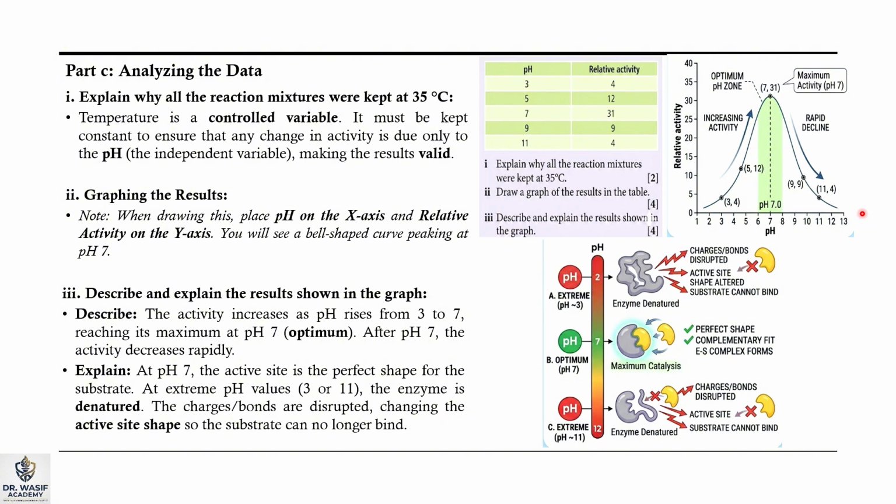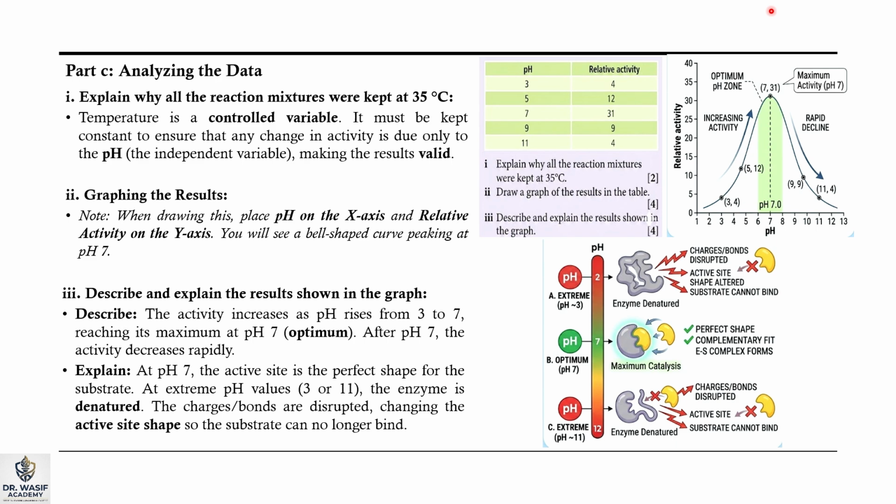If we describe and explain the results shown in this graph, the activity increases as pH rises from 3 to 7. After pH 7, the activity decreases rapidly. How do we explain this answer?